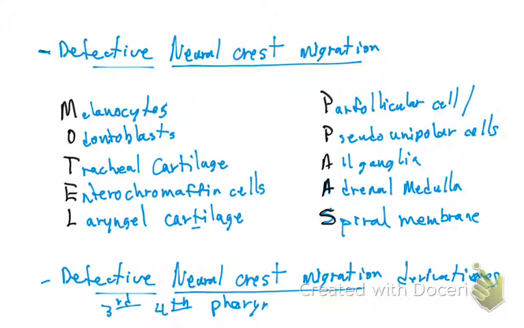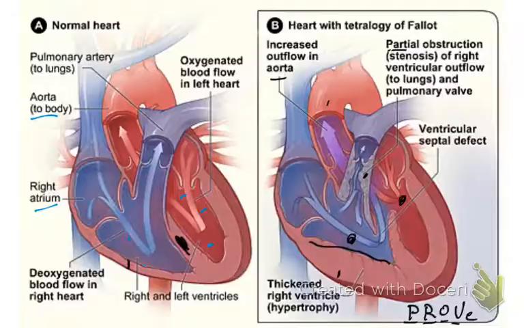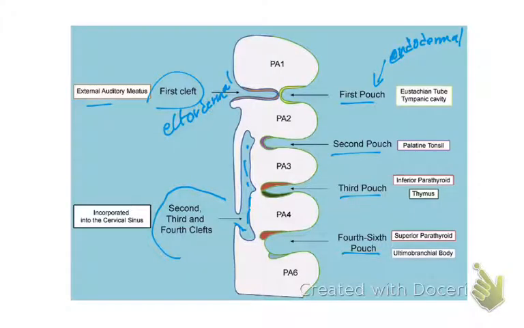So you remember that we saw a picture before of the third and fourth pharyngeal pouches and others, except the number five because it doesn't exist. So basically here are the third, the fourth, and the sixth pharyngeal pouches. The third is responsible for the thymus.